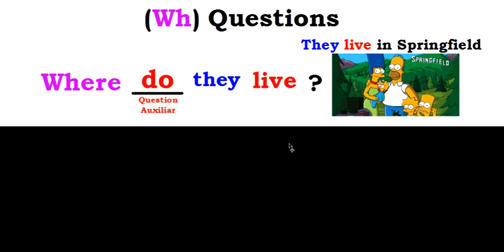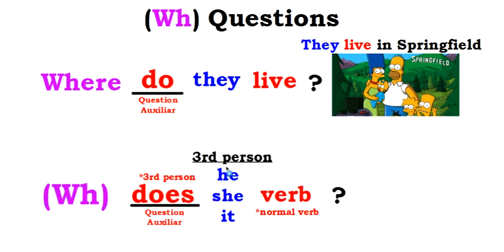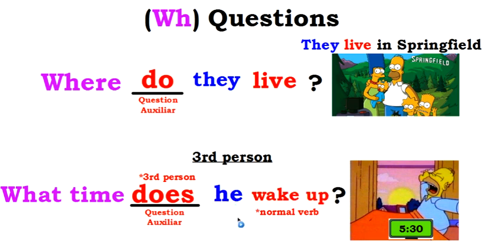Very good. And remember the third person conjugation. It's the same, but remember to use the third person question auxiliary, does. So for example, what time does he wake up?